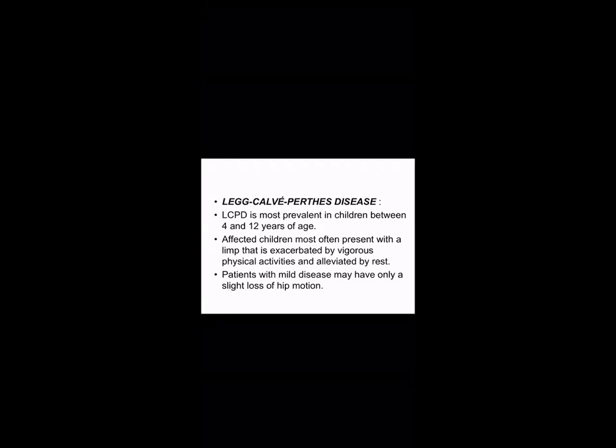Classically, they used to say that most of the children will present with a painless limp, but it actually depends on the time you see the patient. If the patient had multiple falls or vigorous activity, he might present with pain. So pain is one of the presentations of Perthes disease. Don't forget that. And of course, limping. Limping will be in all children, whether there is pain or no pain.